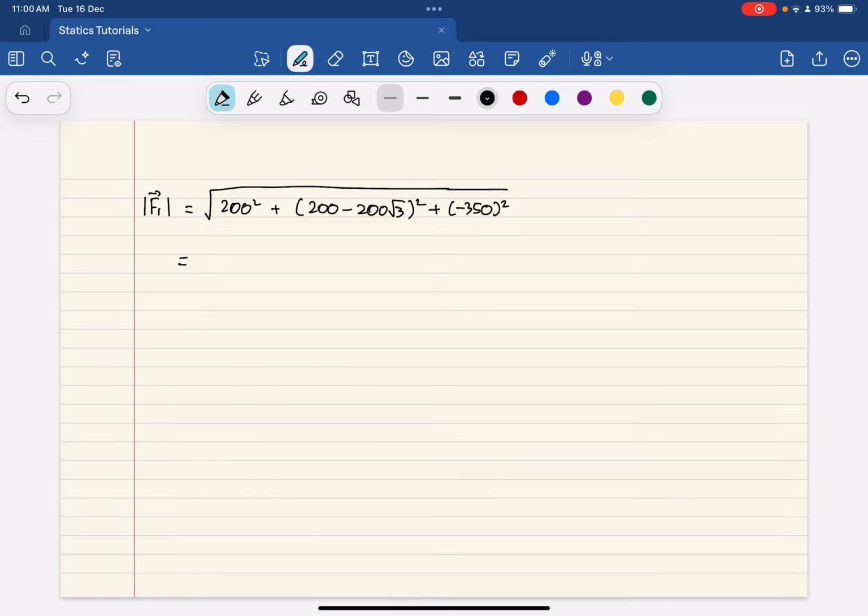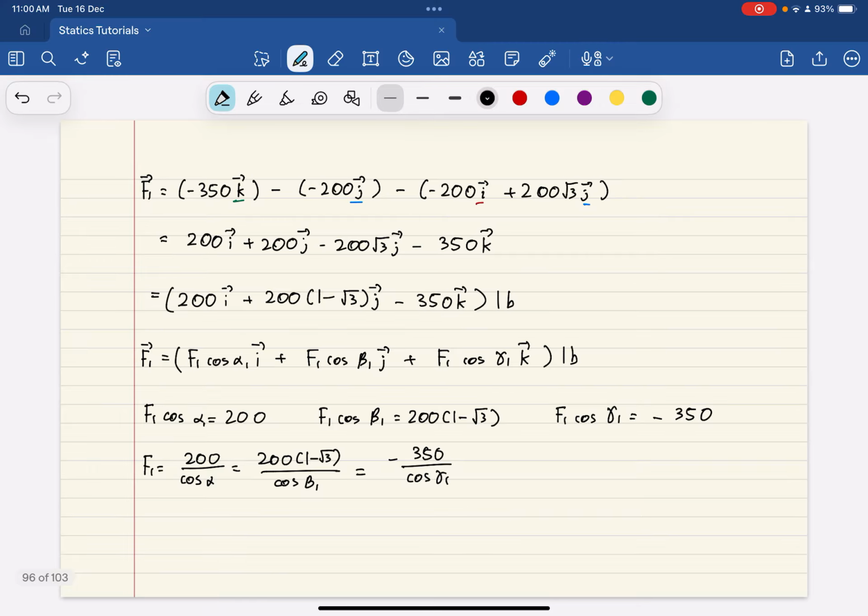So once we do the magnitude of the F1 vector, we end up getting the magnitude of F1 itself, which is basically what the question wanted. And yeah, which is going to be about 428.8775 newtons. So that means your F1 is just simply 429 newtons. So that would be your magnitude, and that's your answer for the first part.